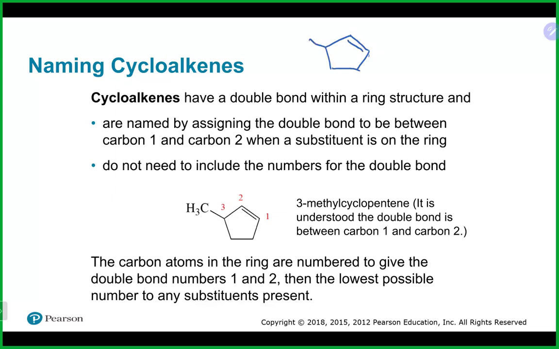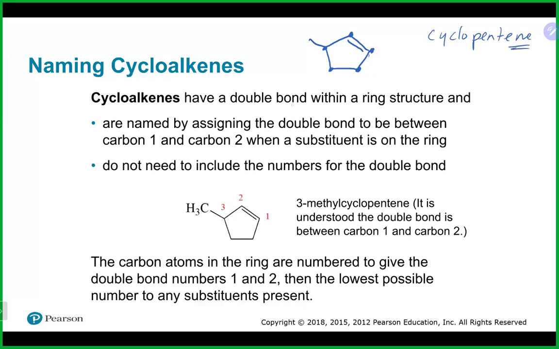So much like cycloalkanes, the longest carbon chain that will contain the double bond, or even a triple bond, is the ring. And this ring is a 1 carbon, 2 carbon, 3 carbon, 4 carbon, and 5 carbon ring. So once again, 5 carbons is based off of pentane. It's a ring structure, so that's cyclopentane, but it also has a double bond, so it becomes cyclopentene, ENE.